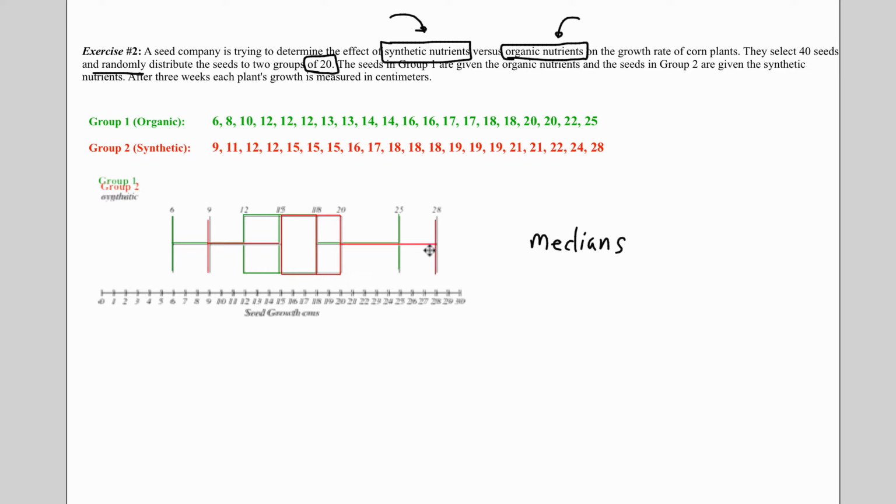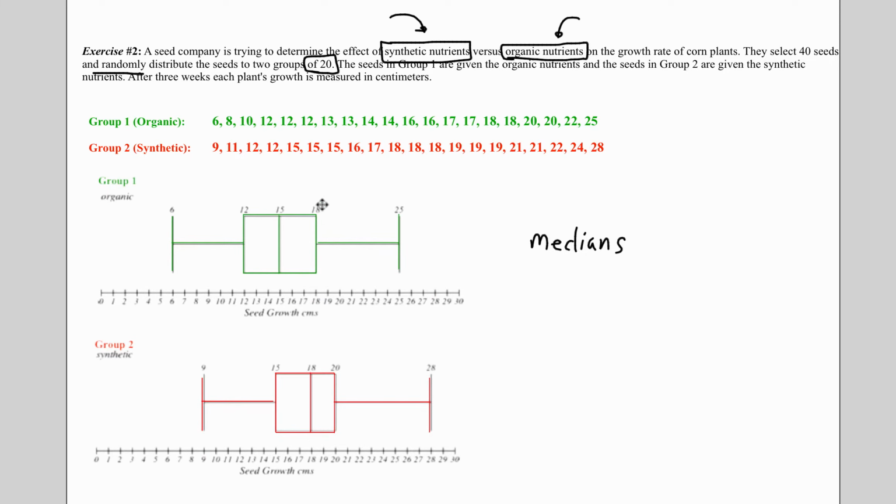Doesn't it look like the red group grew more than the green group? Our median is 18 for the red, and that was the third quartile for the green. So now we have to ask ourselves, okay, did our synthetic nutrients really have that effect?